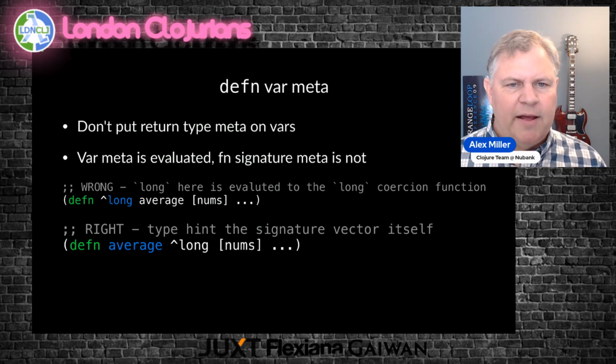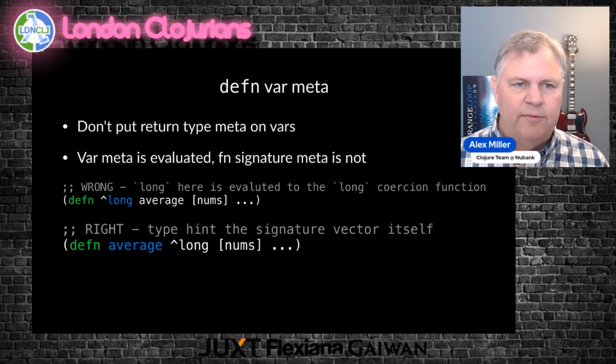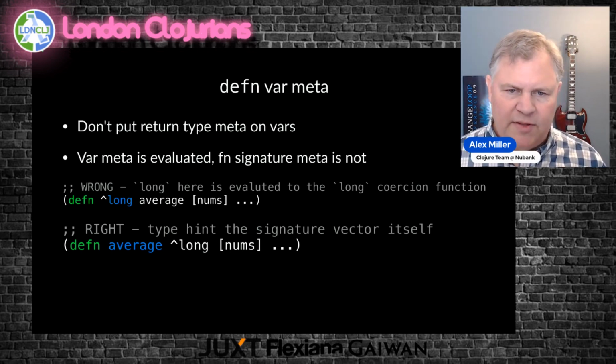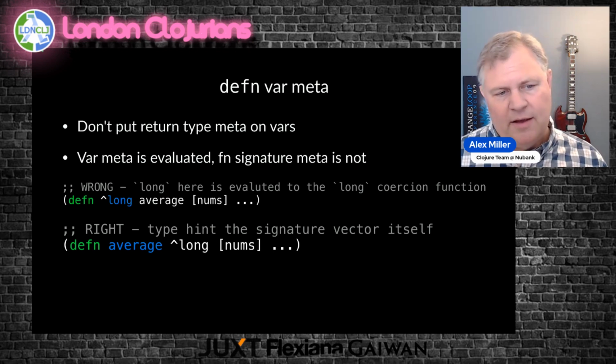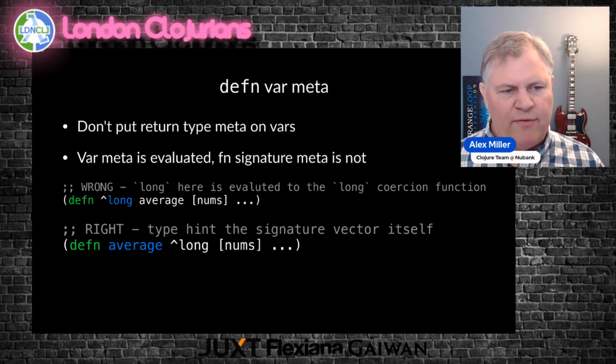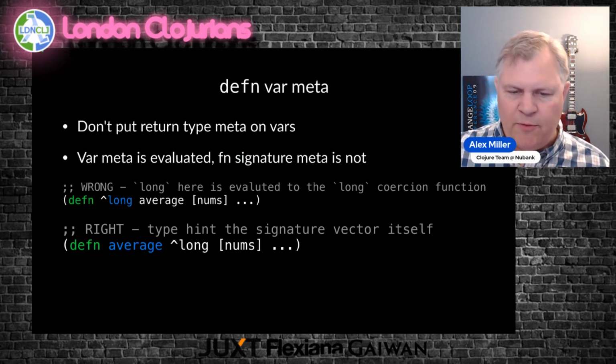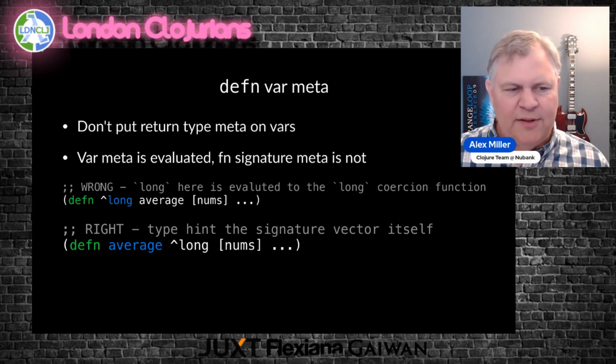Def and var meta: I mentioned before that you should not put return type meta on vars. This is kind of the reason why. For historical reasons, the metadata that you have on a var is evaluated, whereas the metadata that's inside a function definition is not. That's passed to a special form that gets handled.